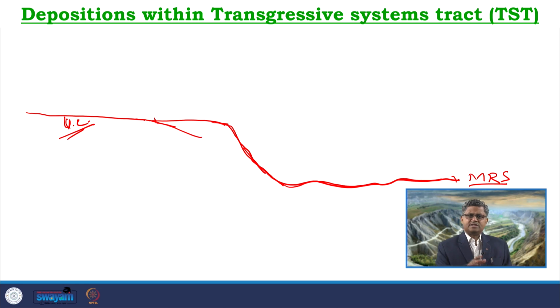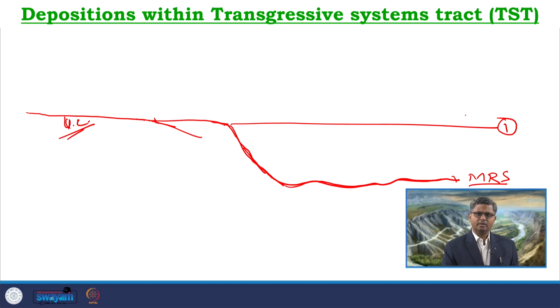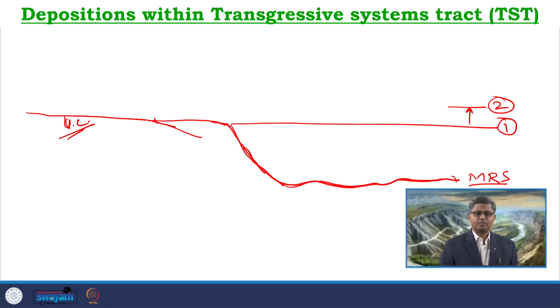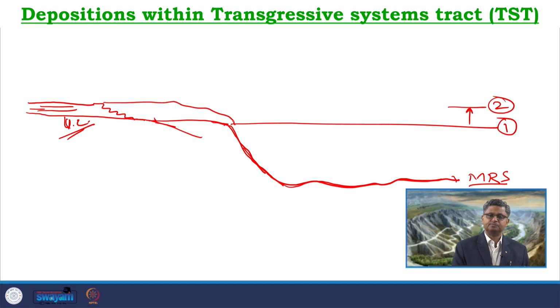On this surface, the base level, which was here at level 1, is now rising, say, to level 2. In response to this base level rise, with the rate of sedimentation less than the rate of base level rise, in the fluvial part we get fluvial aggradation and onlap, which may be retrograded by the estuarine deposits forming over here.